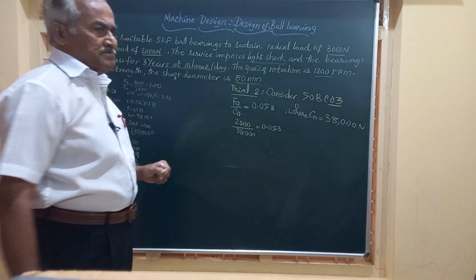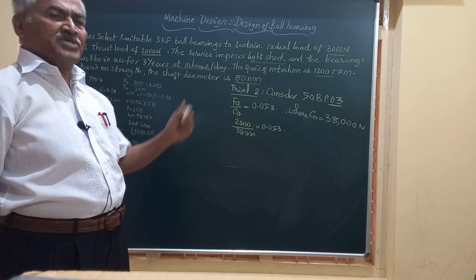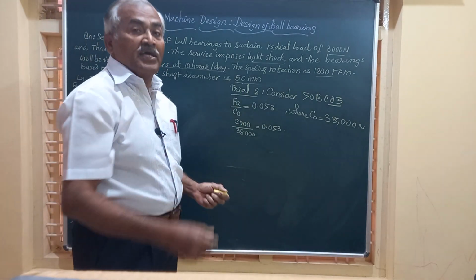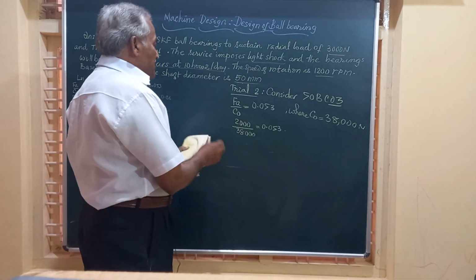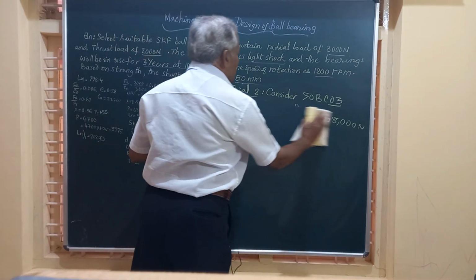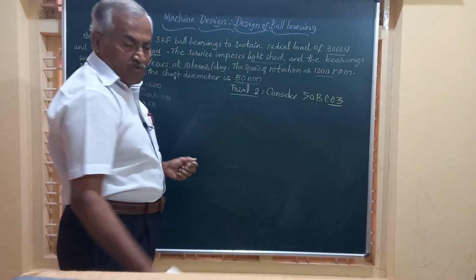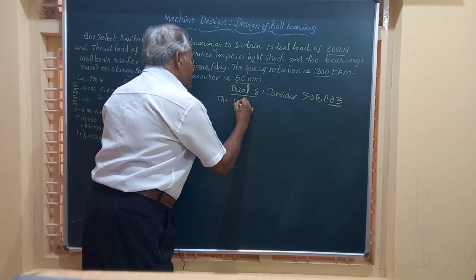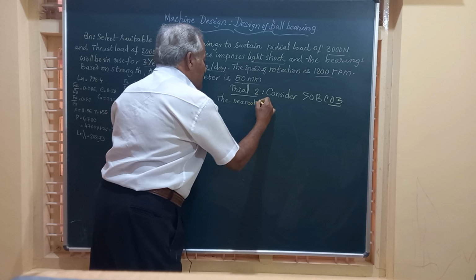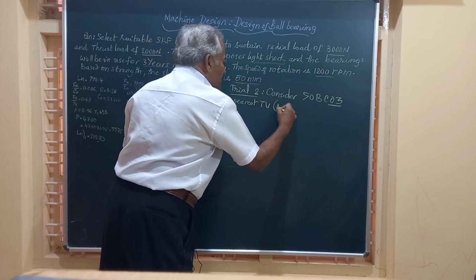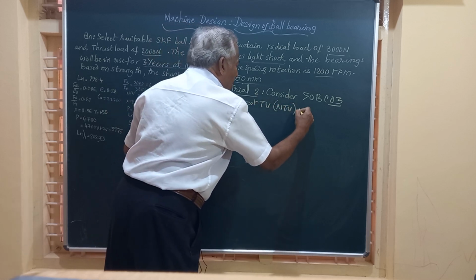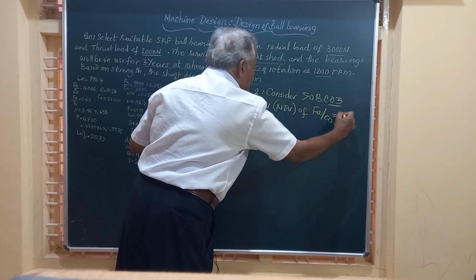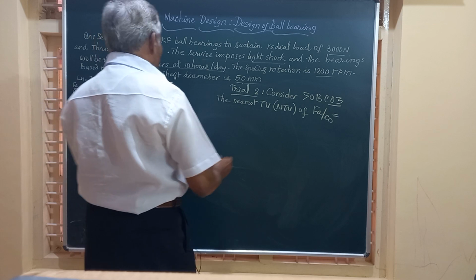You get the value. Now we have to check in the table what is the value of FA over C0 available. So I will say here the nearest table value, NTV, of FA over C0 is equal to 0.056.